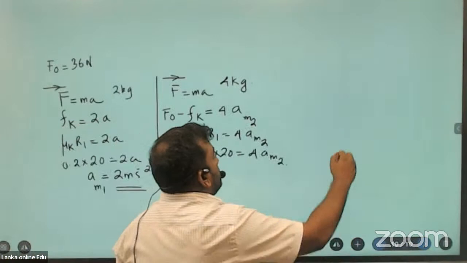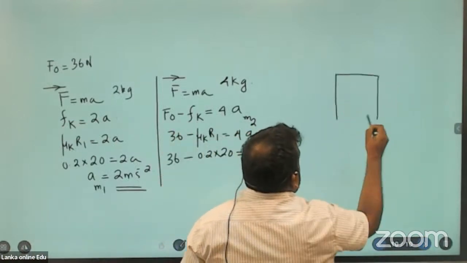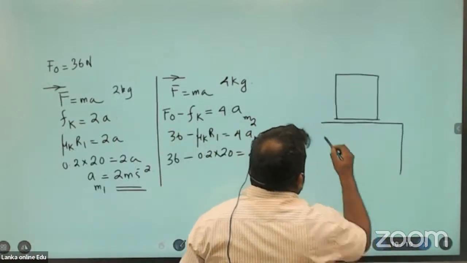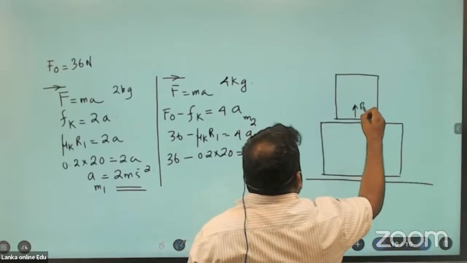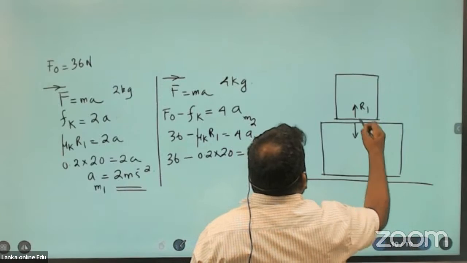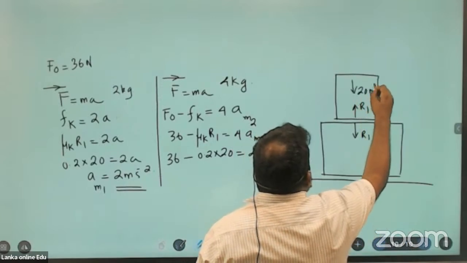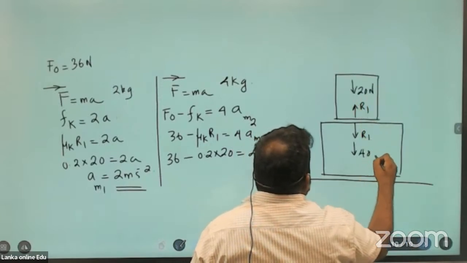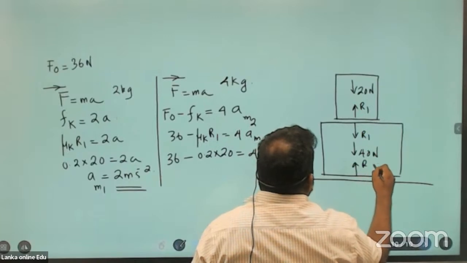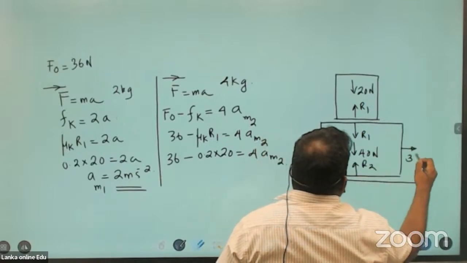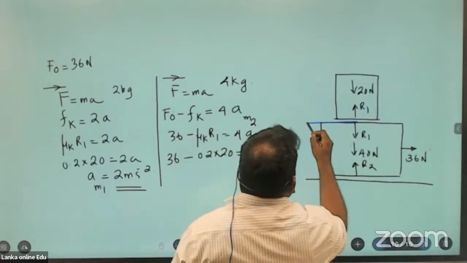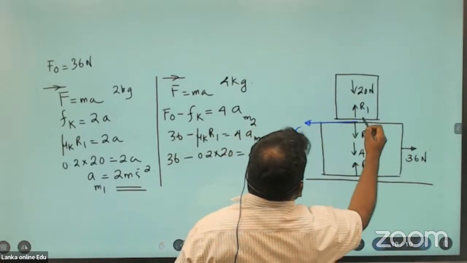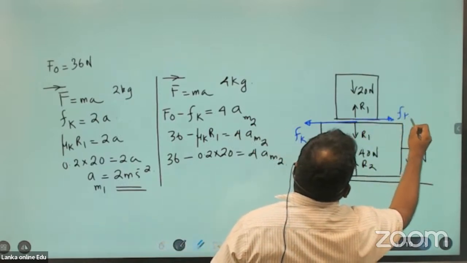Best is you can draw and show that. It will be useful. Here you have normal reaction R1 and an equal opposite normal reaction R1. Here 20 newtons, here 40 newtons. Here normal reaction R2. Here I am applying 36 Newton. The moment you apply 36 Newton, there will be equal opposite kinetic friction.